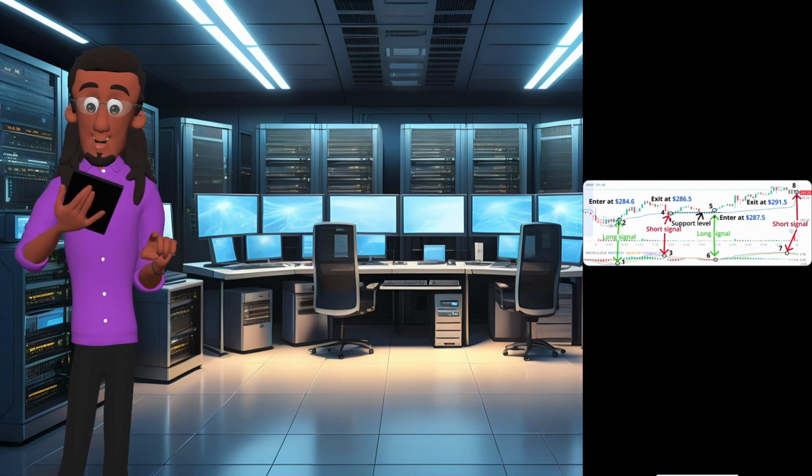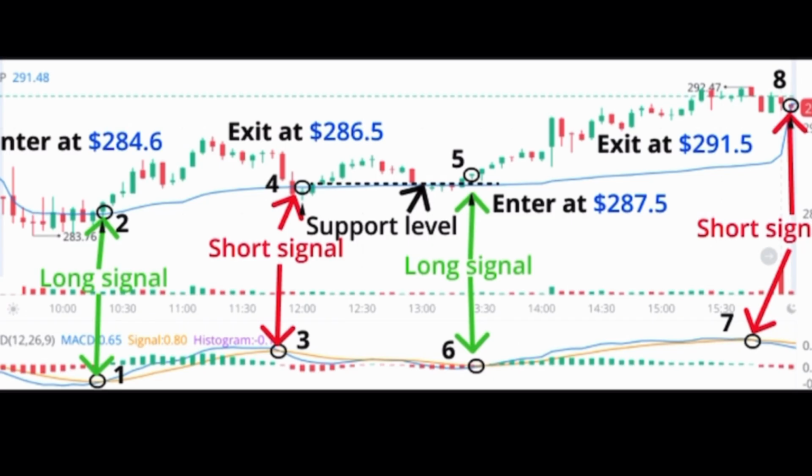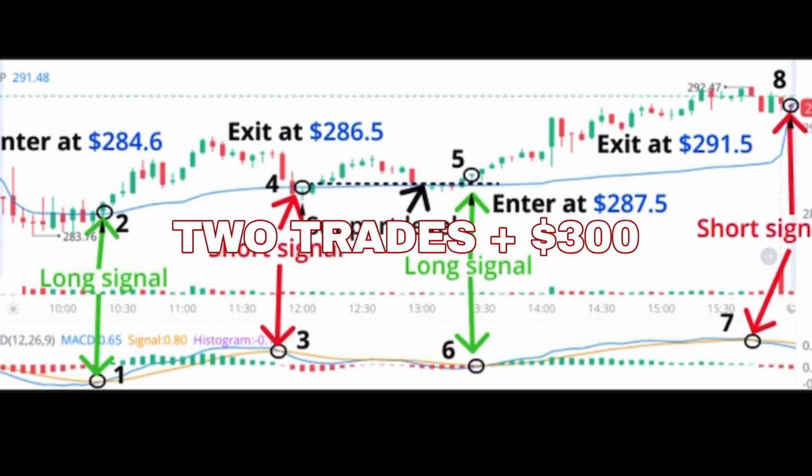So those 2 trades right there could have landed you $300 if you had a 50 delta. Just a 0.50 delta, we need $2 up, $100. Come back down, wait for another entry, $4 up, $200. Boom, that's $300 right there.